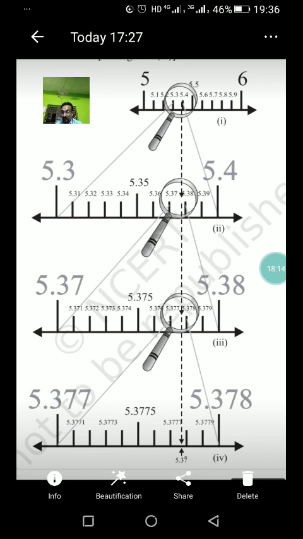Now to visualize 5.377 still more accurately, we divide the portion between 5.377 and 5.378 into 10 equal parts. We can visualize the representation of 5.377 up to 5 decimal places like this, and we notice it is located closer to 5.377.